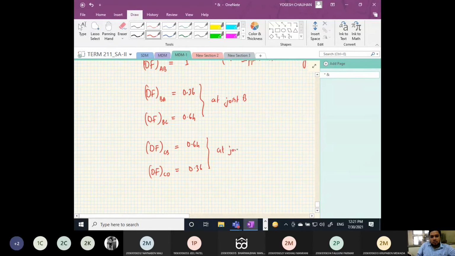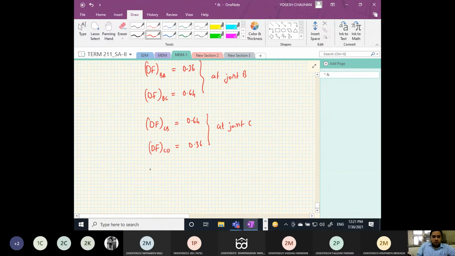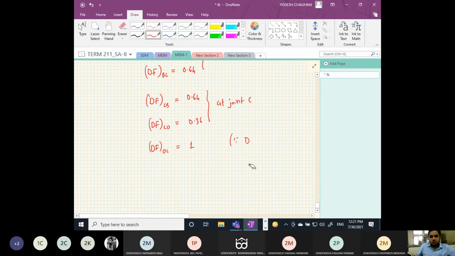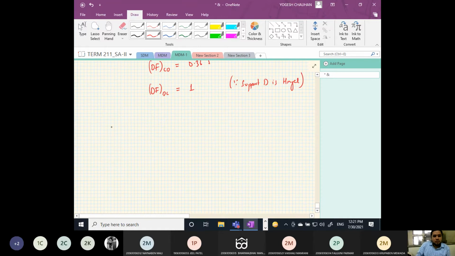This is at joint C, and the distribution factor for DC is equal to 1 because support D is hinge. Okay, so we have the distribution factors.